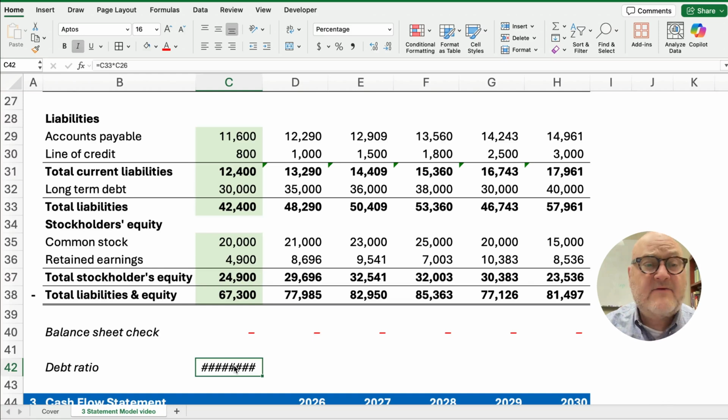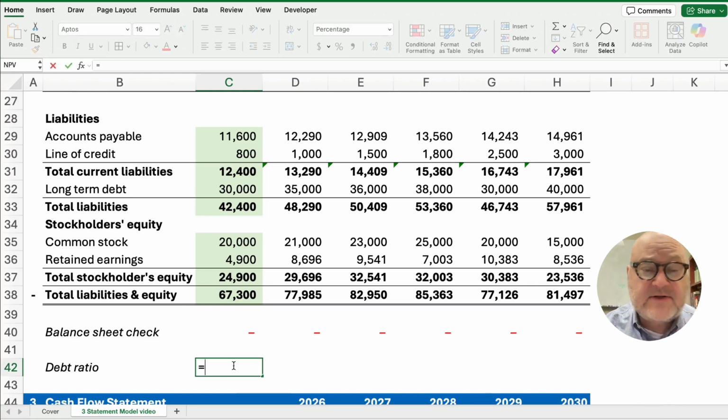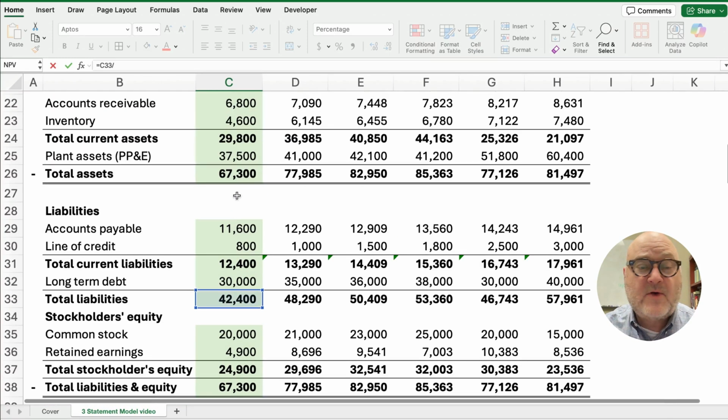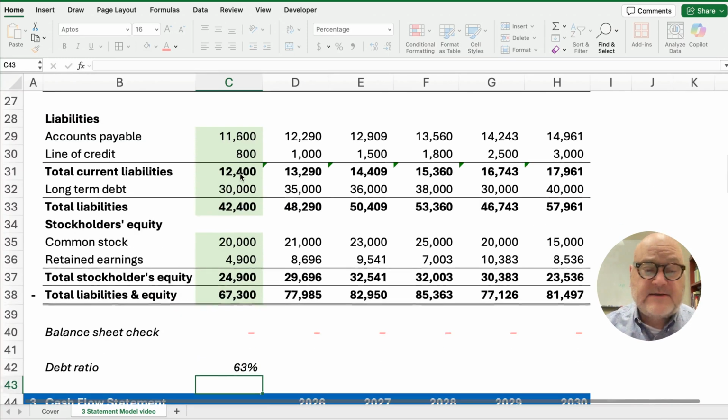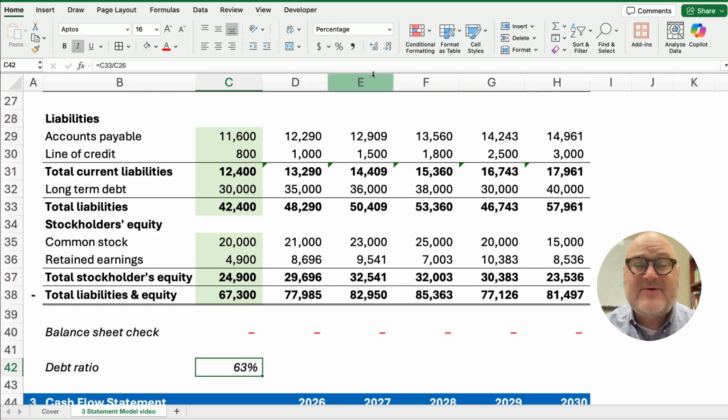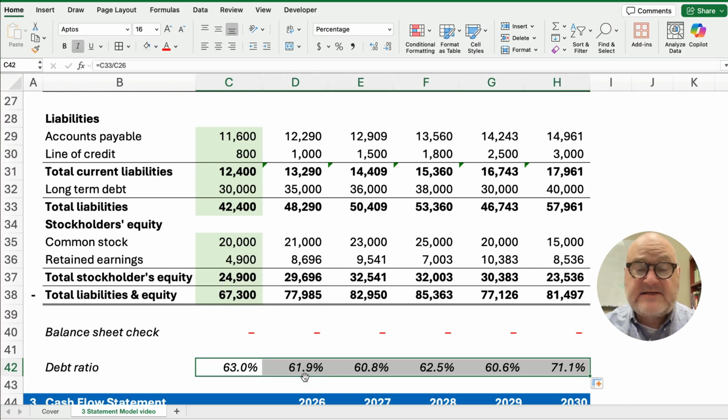Why do I have, oh, I multiplied, sorry. So it's liabilities divided by your total assets. Therefore it's something like 63%, and we can copy this all the way across. 61, 60, 62, 60, and then it bumps up to 71.